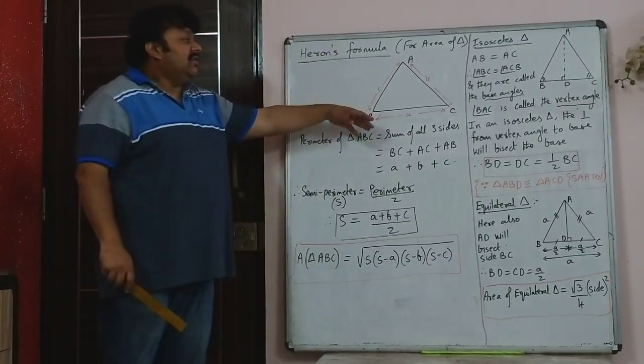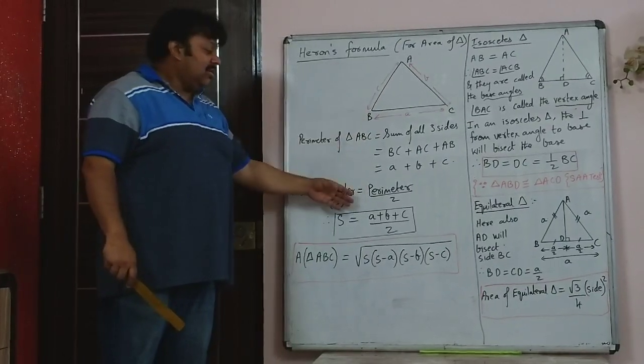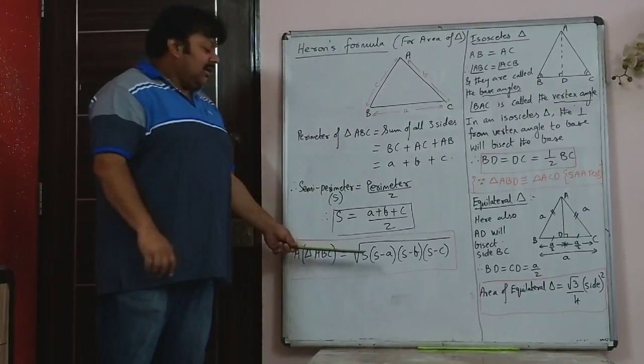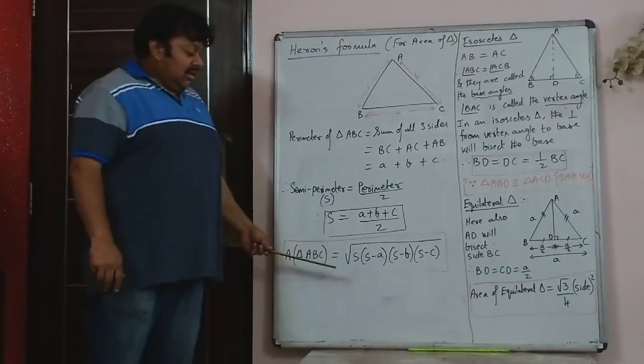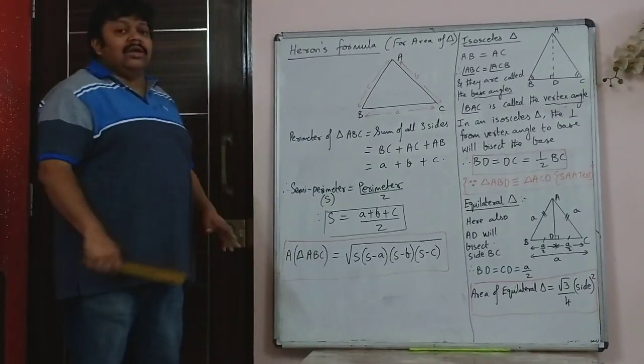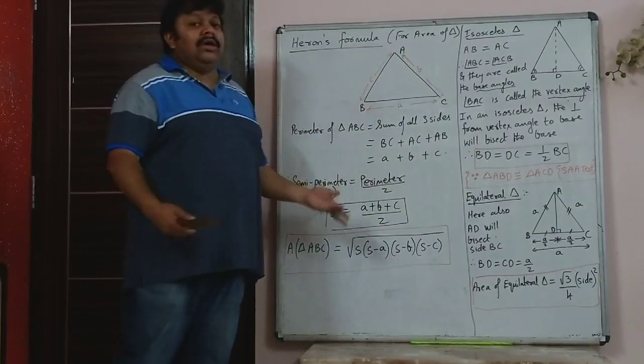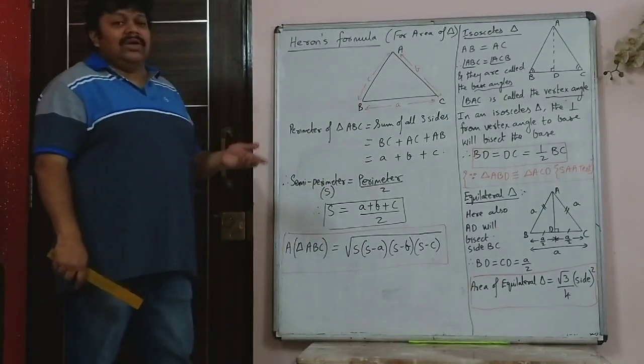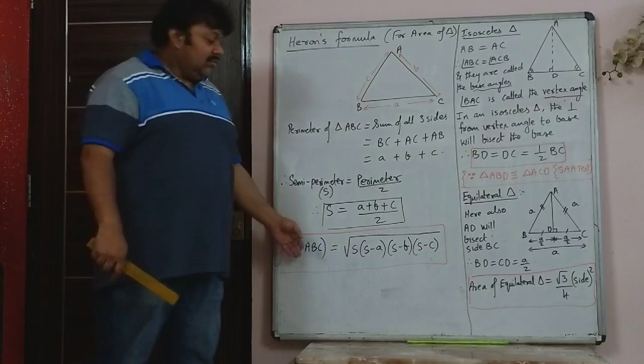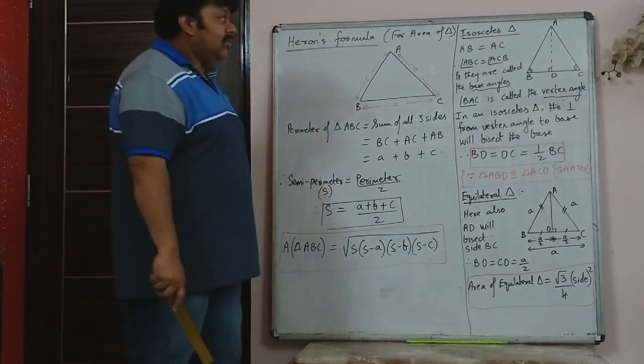If all three sides are given, we can find the semi-perimeter and then directly use Heron's formula to find the area of triangle ABC. If no height is given, we can't use half base into height, so we will have to use Heron's formula.